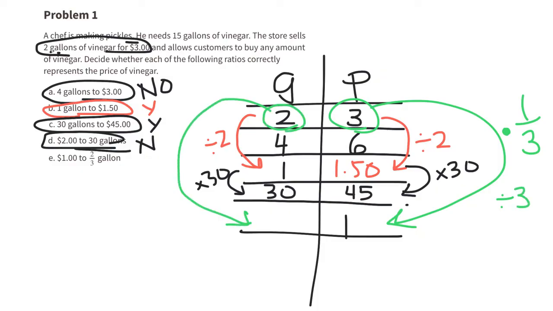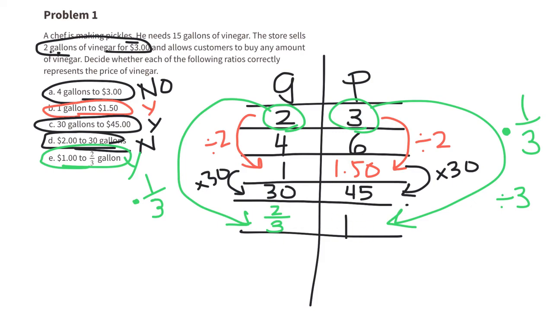We are going to multiply by a third, and 2 times a third gives us 2/3. So this last one right here is a yes. That works, because we see $1 for 2/3 of a gallon, and that's exactly what we have here, $1 for 2/3 of a gallon.